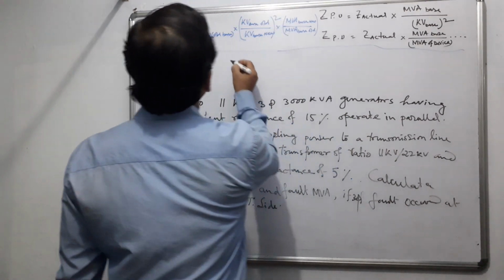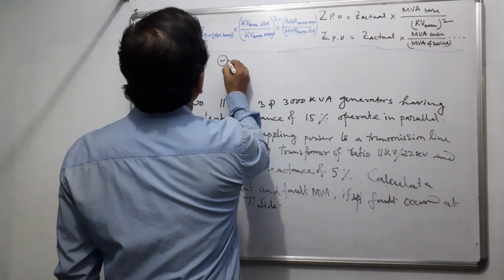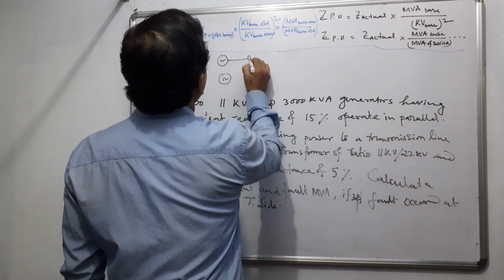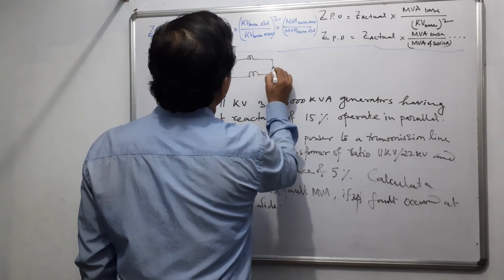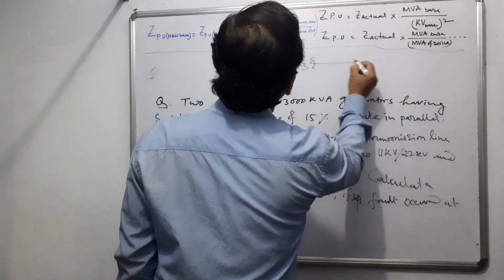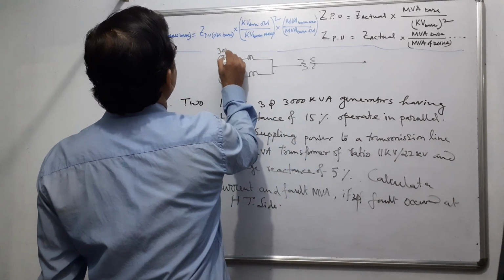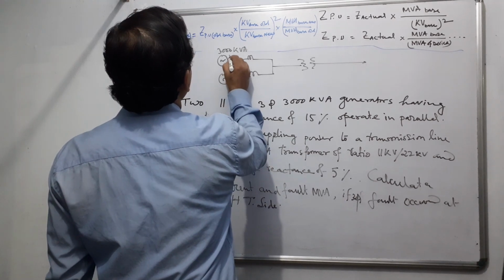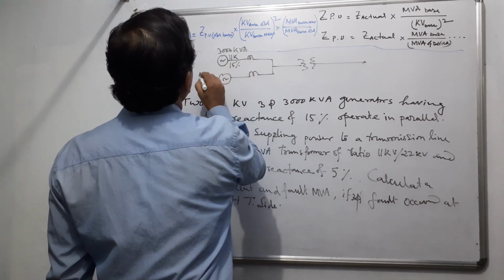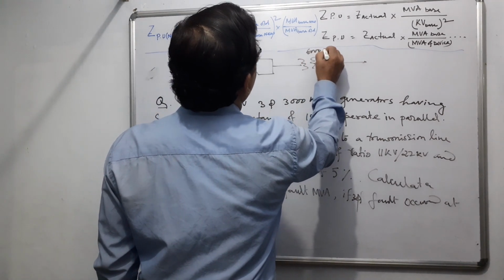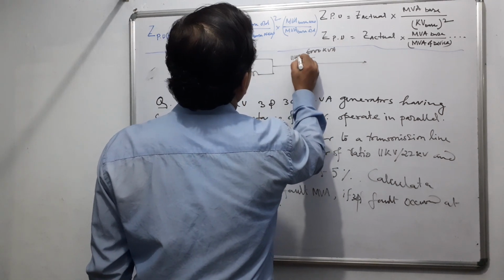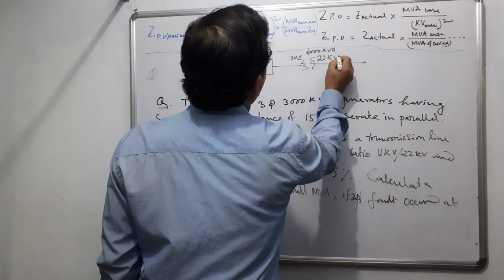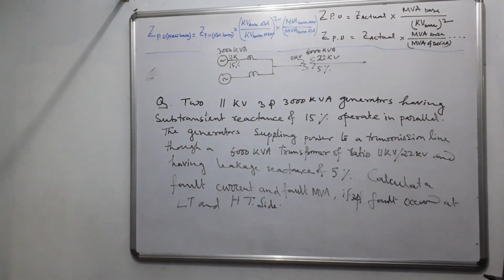Now see, the problem is two 11 kV 3-phase 3000 kVA generators having subtransient reactance of 15% operating in parallel.